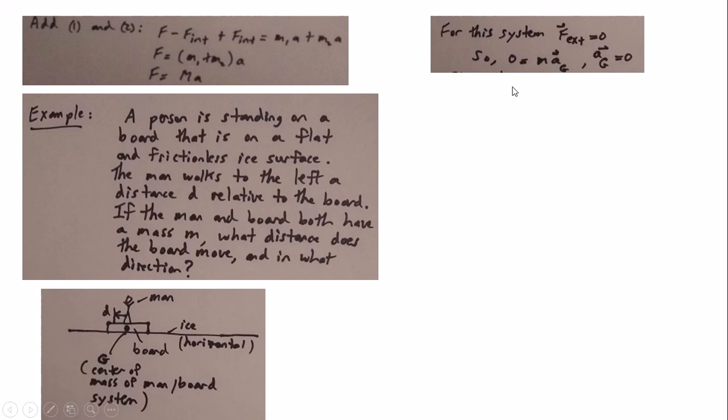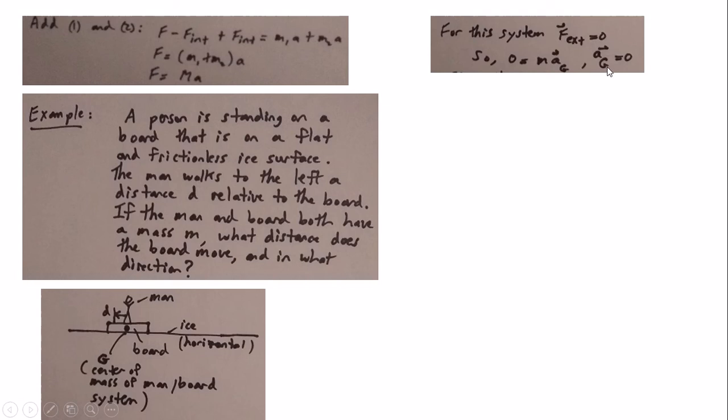For this system, the external forces acting on it are equal to 0, which means that 0 is equal to m times a_G, where a_G is the acceleration vector of the center of mass of the system, and m is the mass of the system consisting of the man and board.